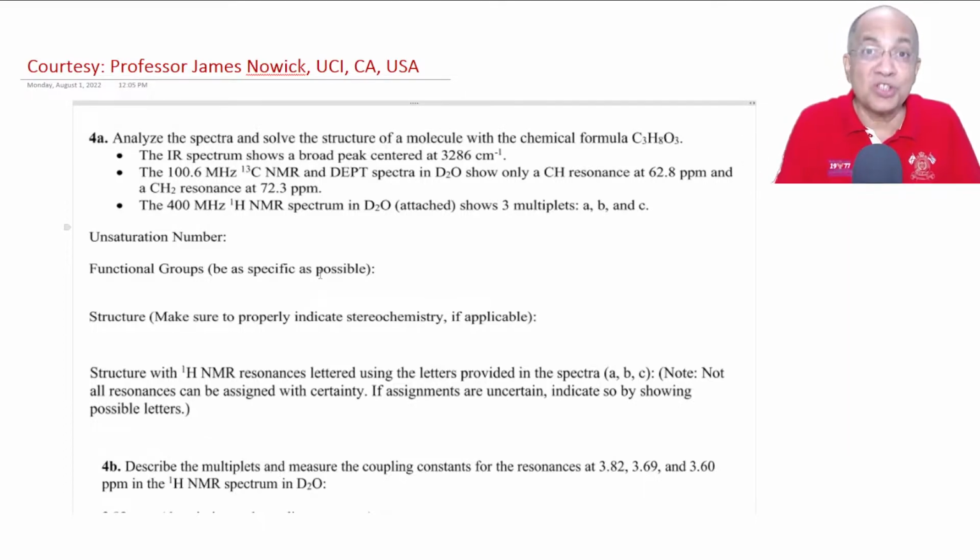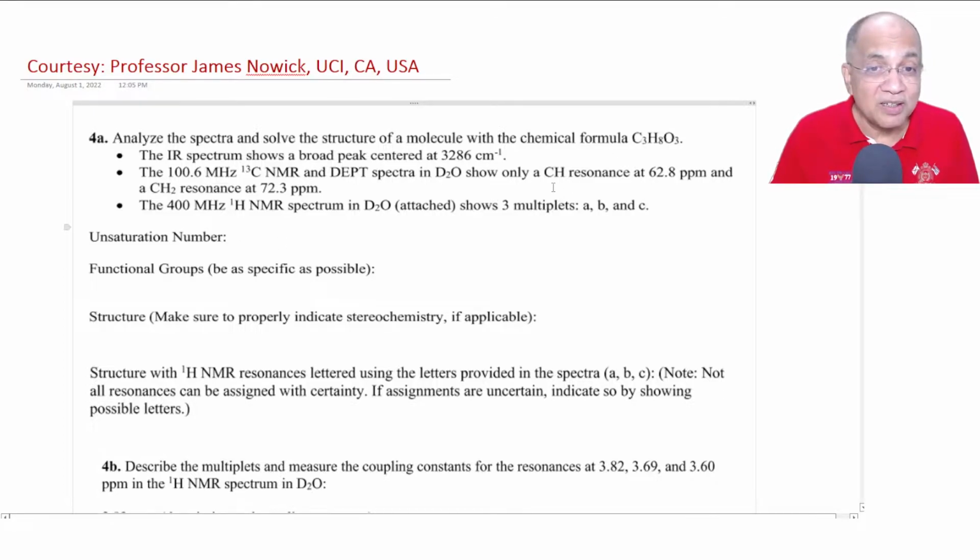So to know that, we conduct the DEPT experiments. I'm not going to discuss the DEPT, but from the DEPT, we learned that there is only one CH carbon and one CH2 carbon. Now there is a suspicion here. It's a saturated compound, CnH2n+2, C3H8, no double bond. The unsaturation number, as we call double bond equivalent, is 0 here.